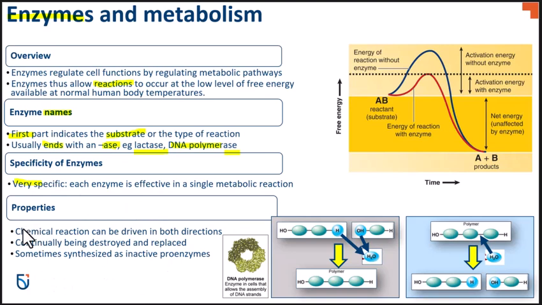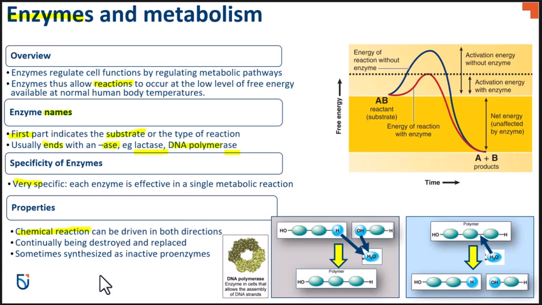Some of their properties: enzymes have the ability to allow for chemical reactions to be driven in both directions. So enzymes can be used in both directions. And enzymes are continually being destroyed and continually being replaced. So breaking down old ones and making new ones.